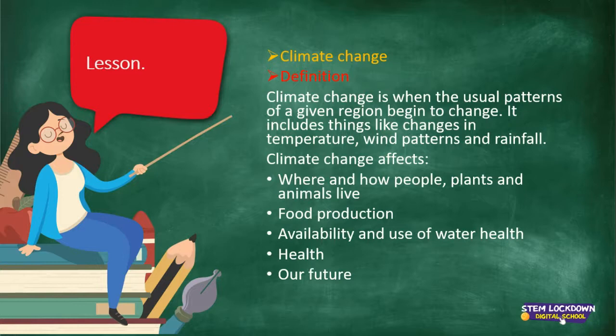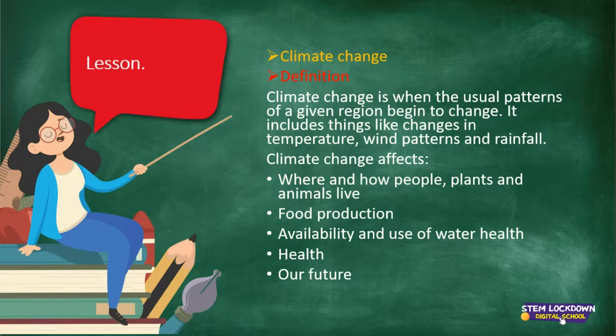For instance, recently we've had floods in Pretoria and in other areas in the country. When there are floods in areas where there never used to be flooding, people can no longer live there because water comes into their houses and ruins their furniture and their properties.